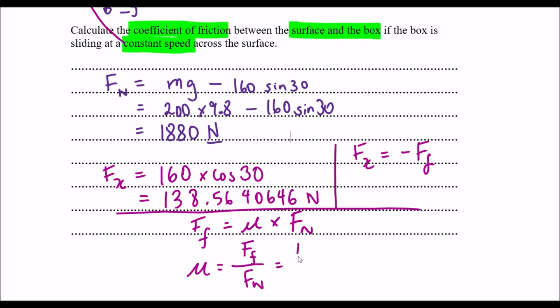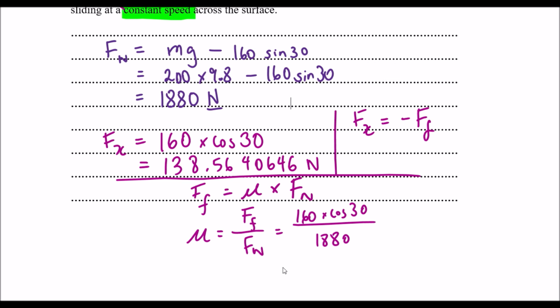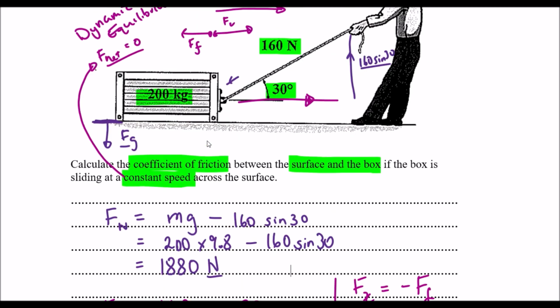I'm just going to write the original working out because there are too many numbers to write down, divided by our normal force, and that will tell us what our coefficient of friction is. So the coefficient of friction is 0.07370428968.